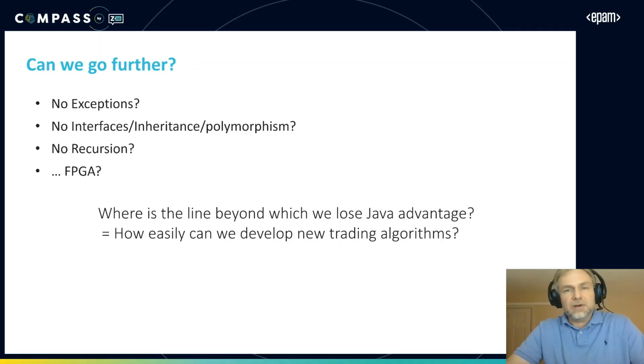Well, what we found is that we must remember the main reason we're building trading software in Java and not C++ or C or going to FPGA. The main reason is that we need to be able to write and adapt our business logic easily. And Java excels at that.